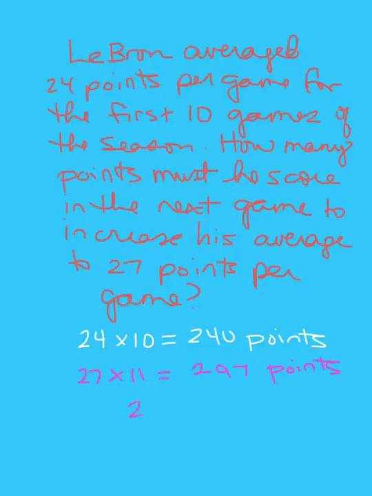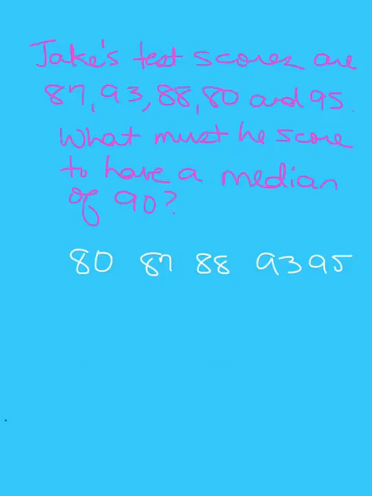So I would take 297 minus 240. If he was really looking to increase that average, he'd have to have a really good game, and he would have to score 57 points in that one game to increase his average.